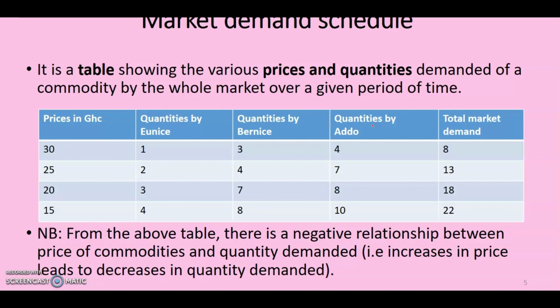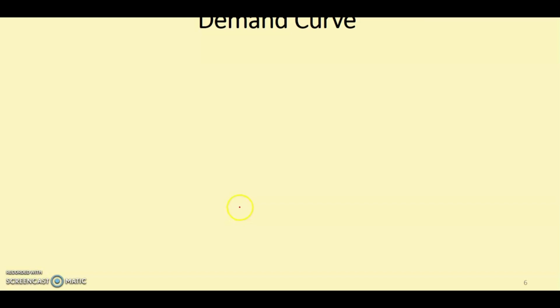Now let me take you through the table. Realize that we have various prices in the first column. Then in the second column, we have the individual demand schedule of Eunice. Then in the third column, we have that of Bernice, we have Edu, and then to get your total market demand, that will be the summation or the addition of these various demand schedules, and that will give you the total market demand schedule.